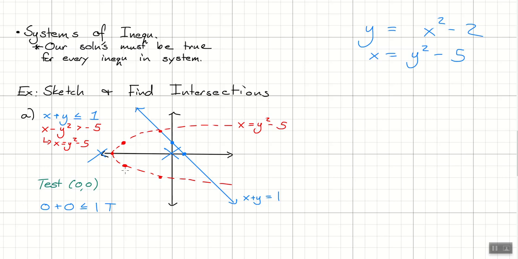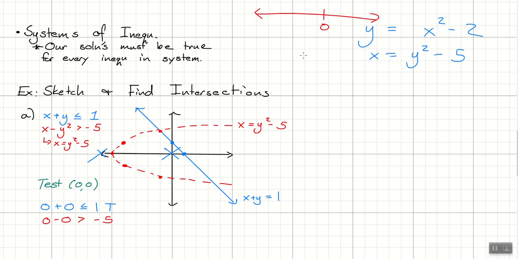Can we still use 0, 0? Let's look. If I use 0, 0, I get 0 minus 0 is greater than negative 5. Is that true or false? 0 is greater than negative 5.